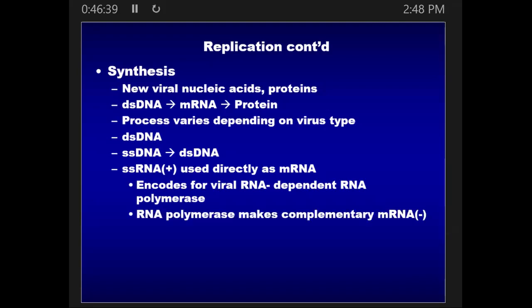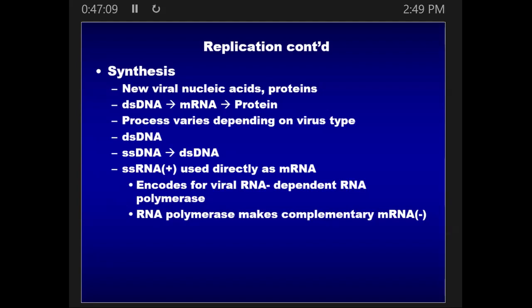And so that RNA polymerase is very important. Once it gets that made, that RNA polymerase can read the plus strand, and it's going to make a complementary minus strand of RNA off of that plus strand. So if it's complementary to the plus, then we call it the minus. Plus and minus are always complementary to each other.